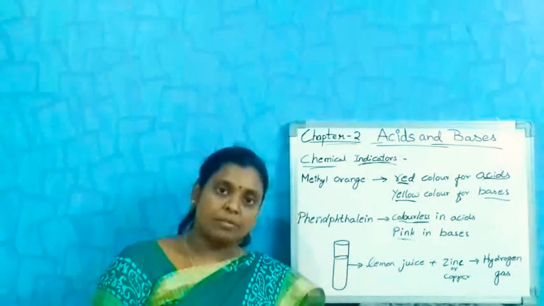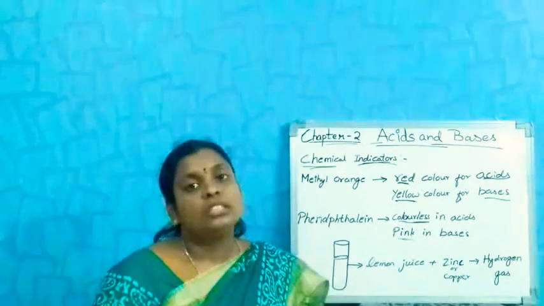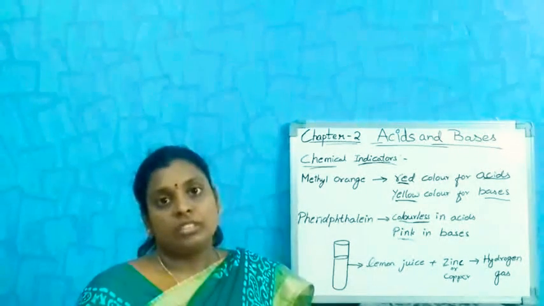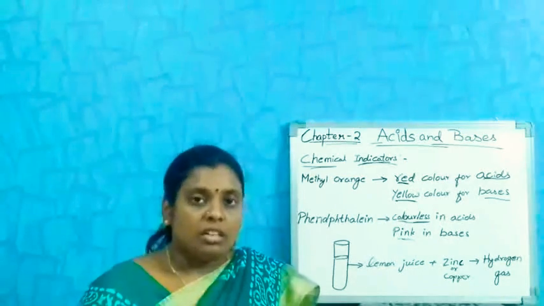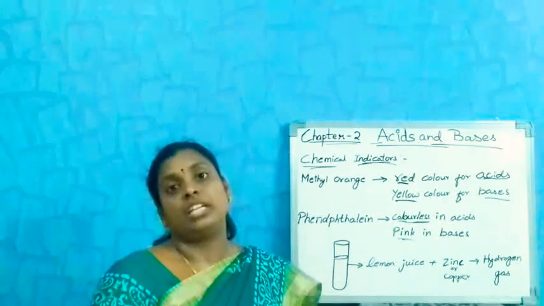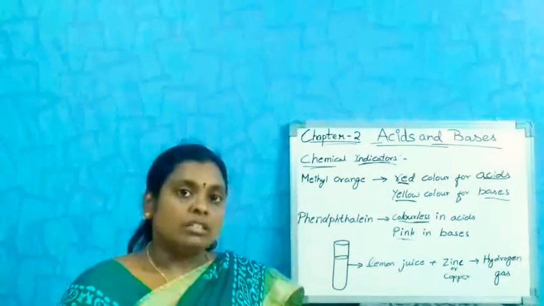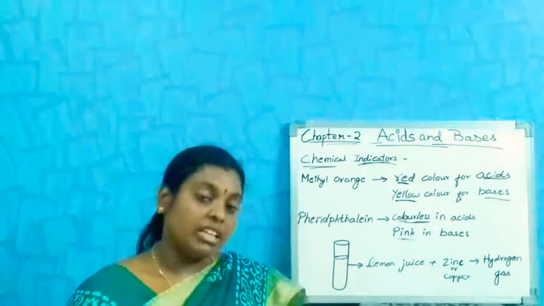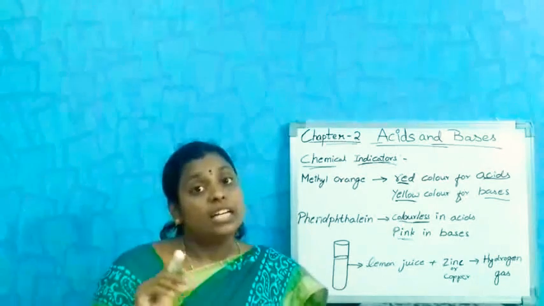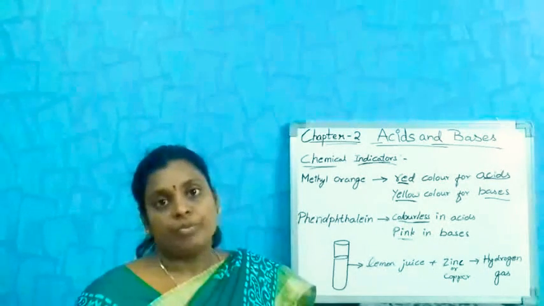Why does it happen? Because pickles contain acids. The tamarind contains tartaric acid, lemon contains citric acid. So different food items contain different acids. When these acids react with that metal, the color changes to blue-green.